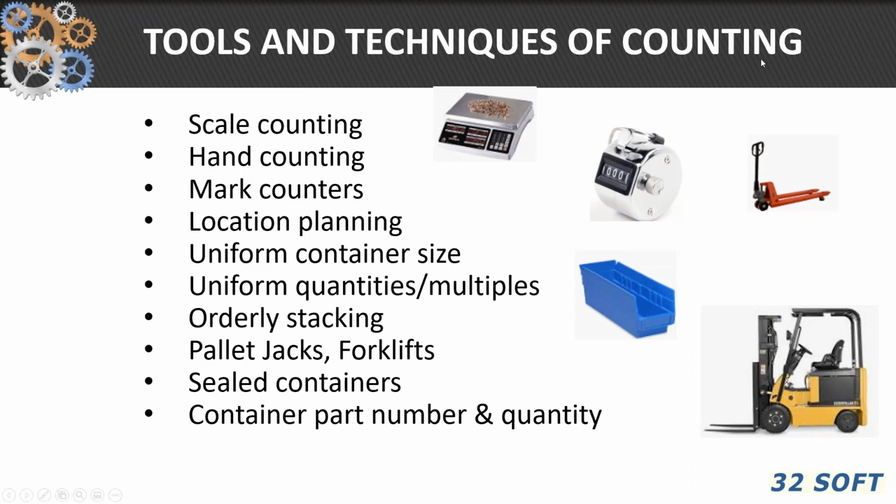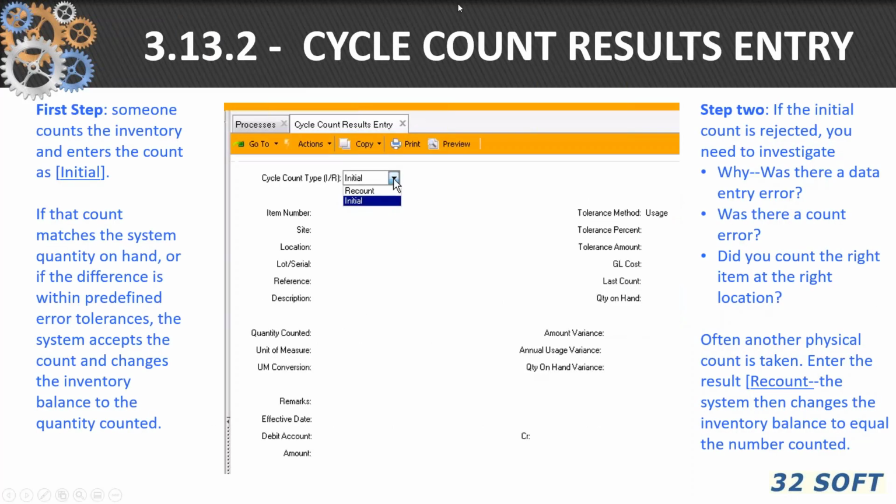Lots of tools and techniques for counting: scale counts, hand counters, location planning systems, uniform container sizes and quantities. All of these things should be in place to ensure that you've got an accurate representation of that quantity on hand.